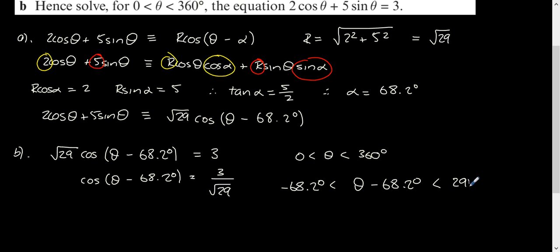I believe. Yes, I can do arithmetic this early in the morning. Okay, so we'll do arccos then. Theta minus 68.2 is arccos of 3 over root 29.